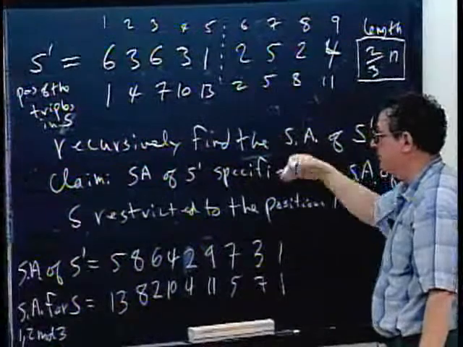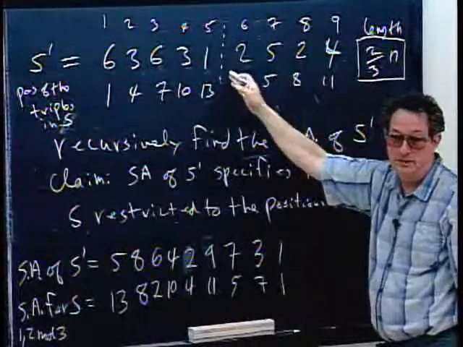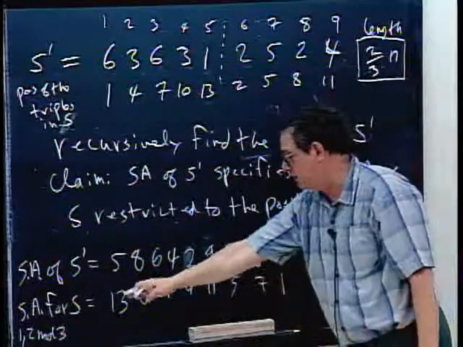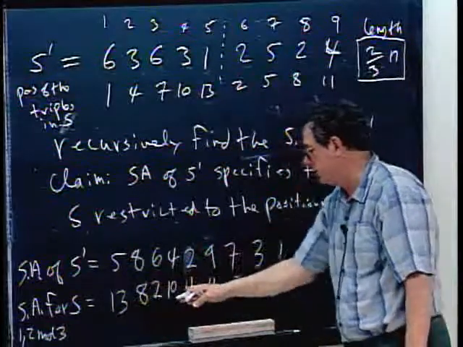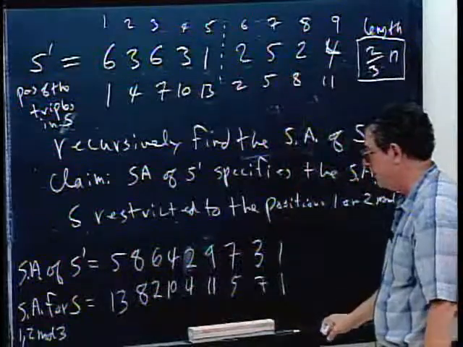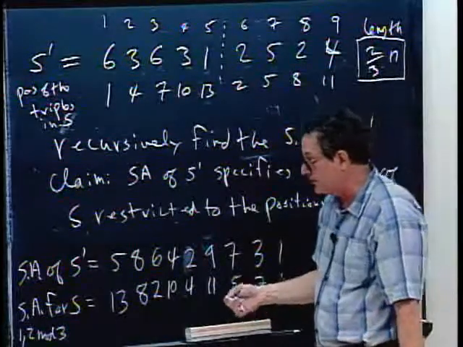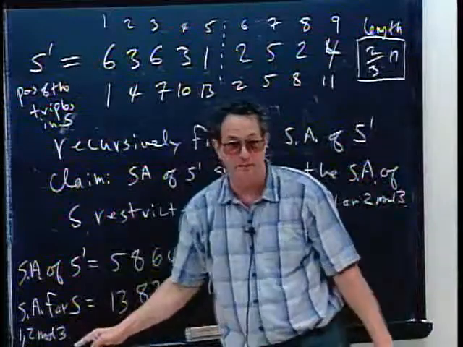And then recursively, we find the suffix array of that. Then we claim that just by translating back the positions to the original positions, we get the suffix array for the original string S restricted to positions 1 or 2 mod 3.